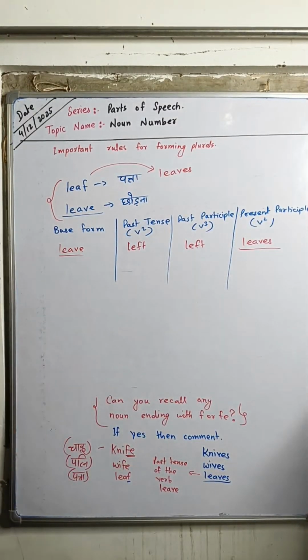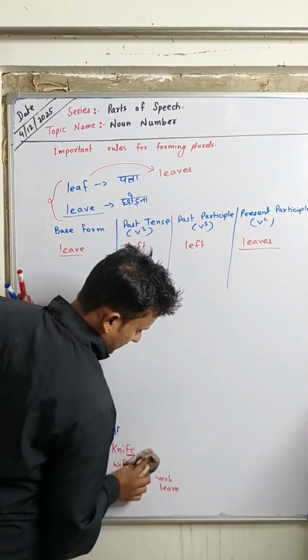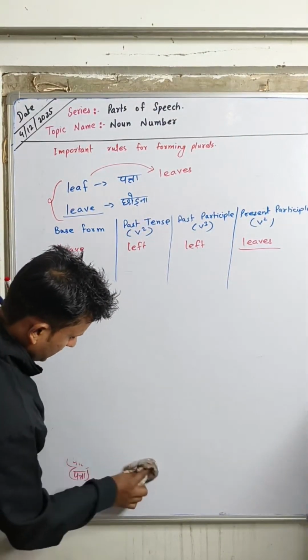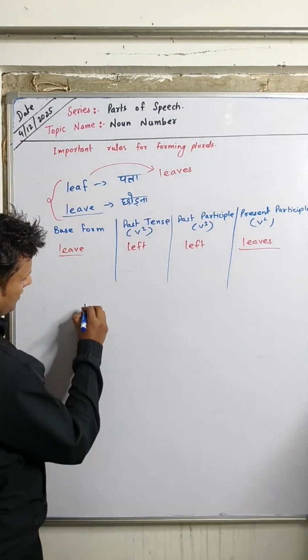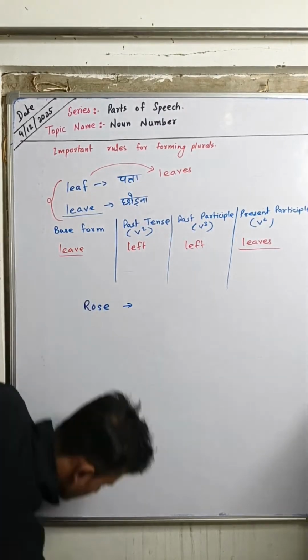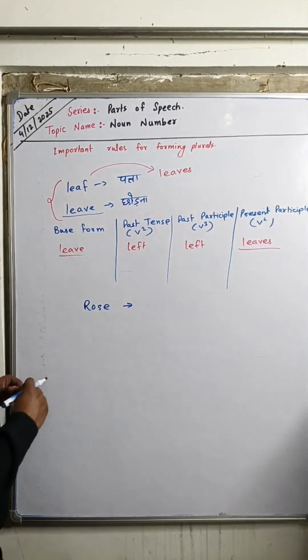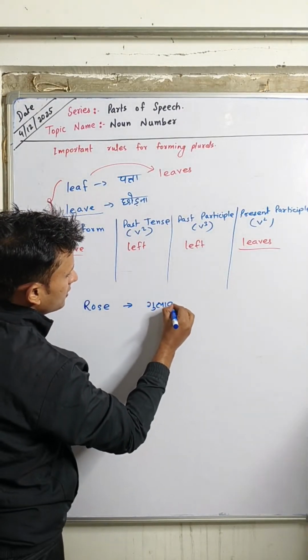Another pair which works as both a noun as well as a verb is rose, right? Rose, if it is a noun, means a flower, gulab. That is the name of a flower called gulab.